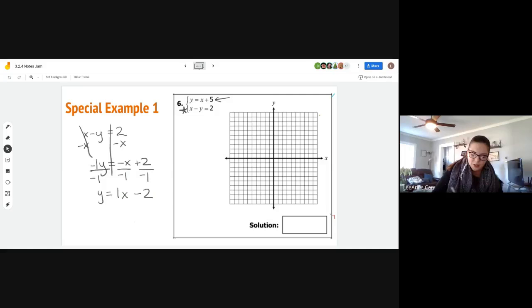So for this equation, our slope is 1, and our y-intercept is negative 2. For that first equation, we already had that, we didn't need to rewrite. Our slope is 1, and our y-intercept is 5. Before we even start graphing, do you guys notice anything about these two equations?